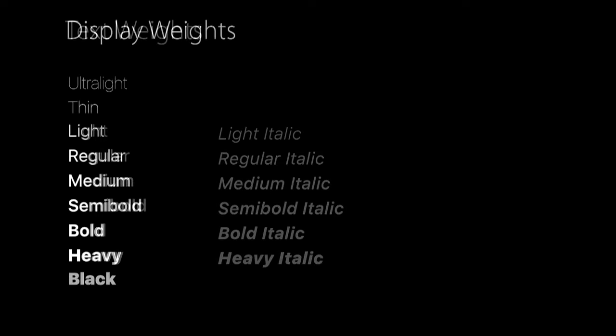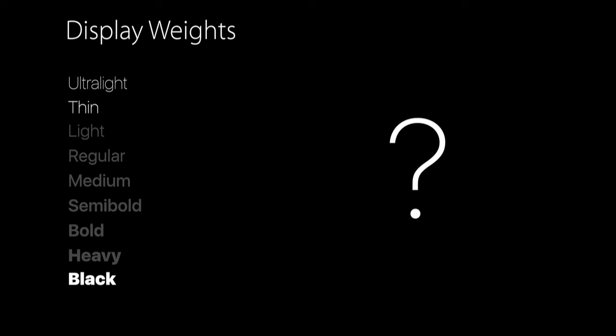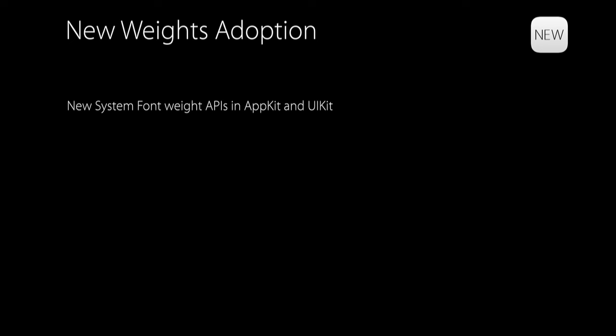And you may be wondering why it is that we have more weights in display than in text. And the reason is that the extreme weights of the family are really designed for titles, and so it wouldn't make sense for them to be used below 20 points. So some of these weights are actually brand new in our platforms.